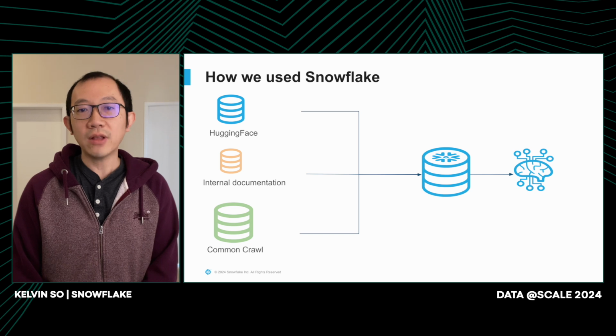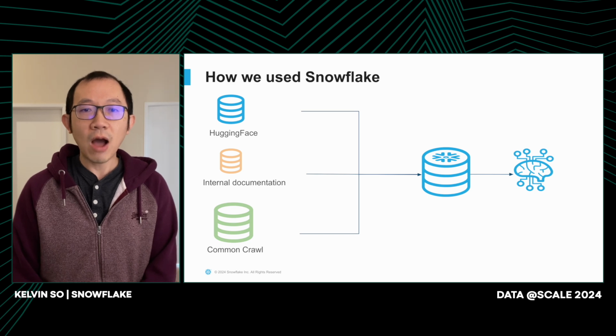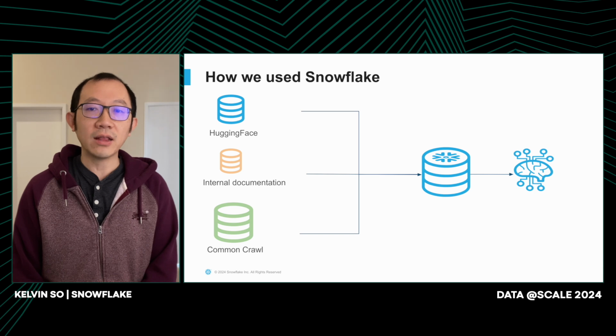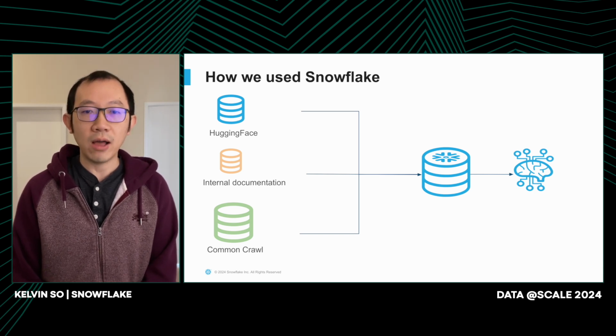It is very good at doing distributed data analysis on very large data sets. It also has very powerful governance and data lineage capability out of the box. However, ML data engineers usually don't associate Snowflake with LLMs. However, with the combination of the capabilities that I just mentioned, it is actually ideal for data processing for LLMs.